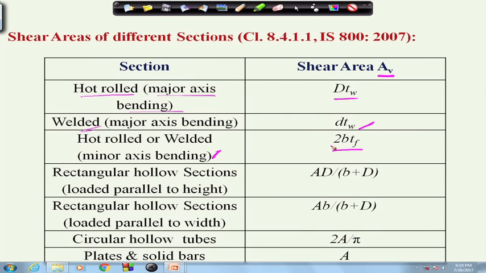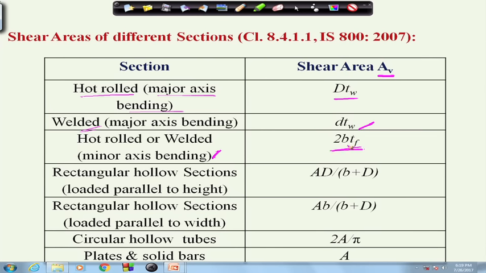So, 2 into B into Tf, right. So, for hot rolled or welded section about minor axis bending, the shear area will be 2 into B into Tf. Similarly, rectangular hollow section loaded parallel to height will be this, A into D by B plus D.